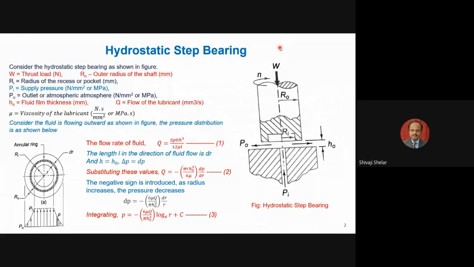So mostly when we talk about hydrostatic bearing, we always come to know footstep bearing, step bearing. So step bearing is one of them. Normally step bearing is used for supporting axial load, either vertical, horizontal, or inclined, with the help of a fluid pressure. With the help of a lubricant pressure, they can be supported.